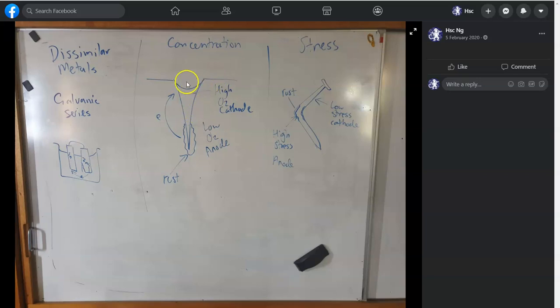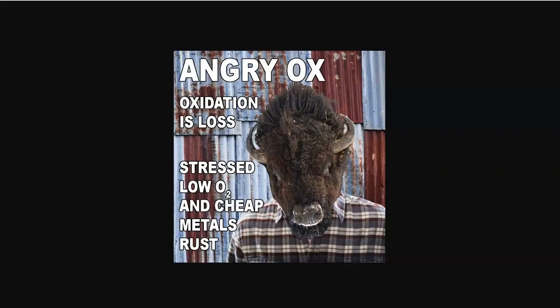Imagine it fills up with water, because there needs to be something to allow the electrons to pass, and water is a good candidate there, as long as it gets some ions. If we get high oxygen at the top of the crack and low oxygen at the bottom of the crack, where is the rusting going to occur? Where's the anode and where is rust going to occur? Let's think back to our angry ox.